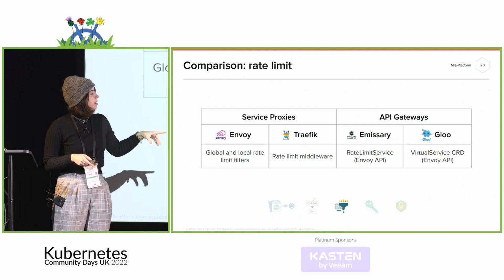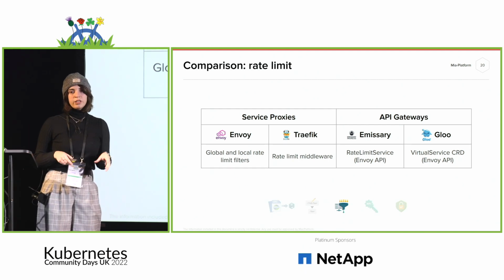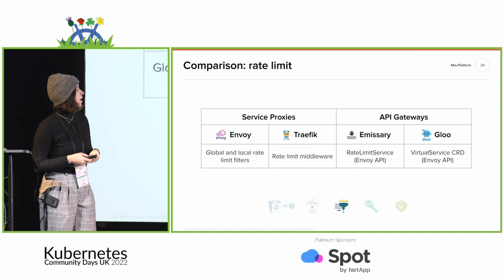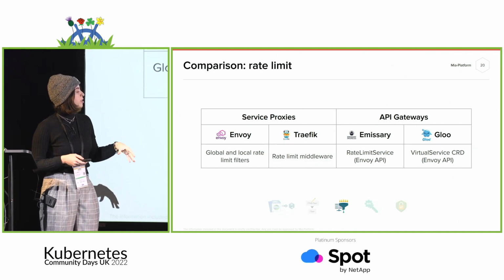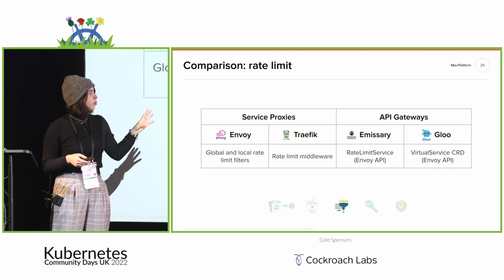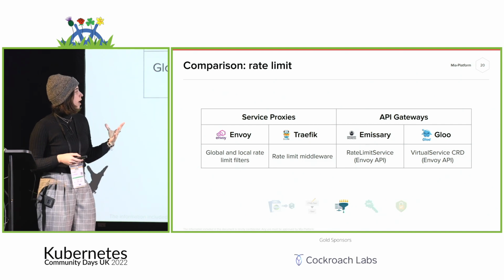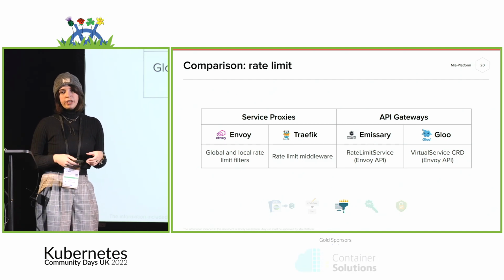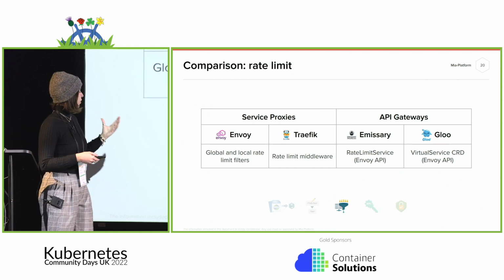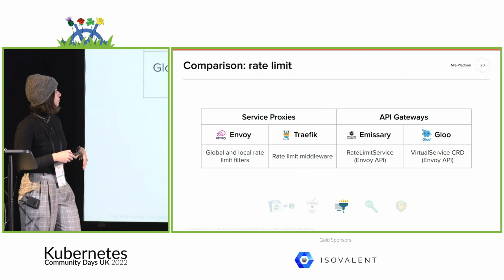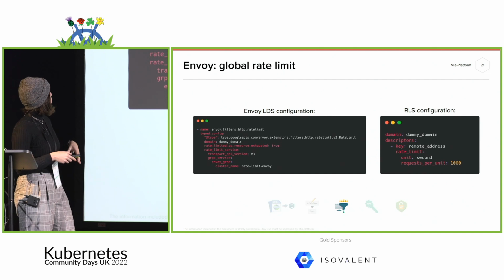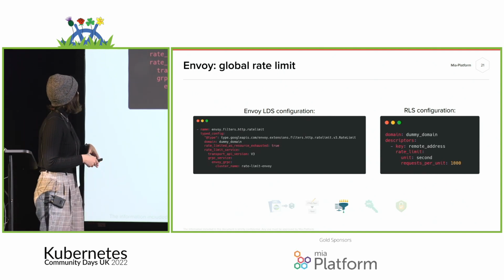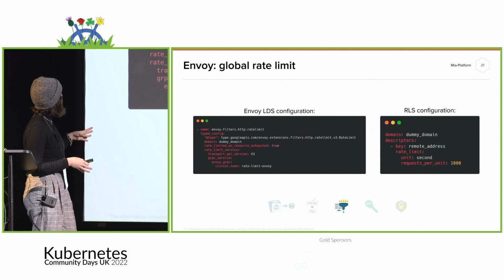Concerning the API gateways, they both expose the Envoy API, and thanks to the rate limit service in Emissary and the VirtualService custom resource definition in Gloo, you can implement a connection to an external rate limit service, similarly to Envoy. So let's get a closer look at how it is implemented in Envoy. It is quite a simple configuration here.